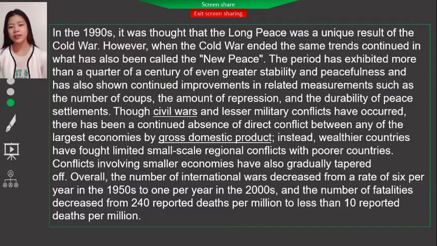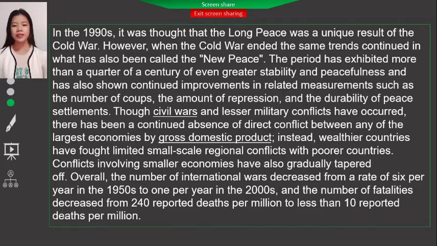In the 1990s, it was thought that the Long Peace was a unique result of the Cold War. However, when the Cold War ended, the same trends continued in what has also been called the New Peace.